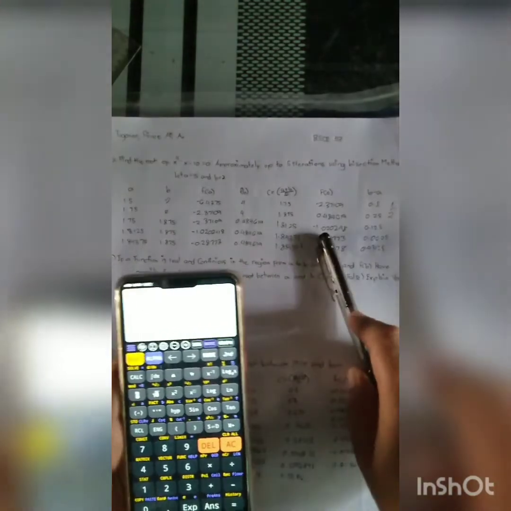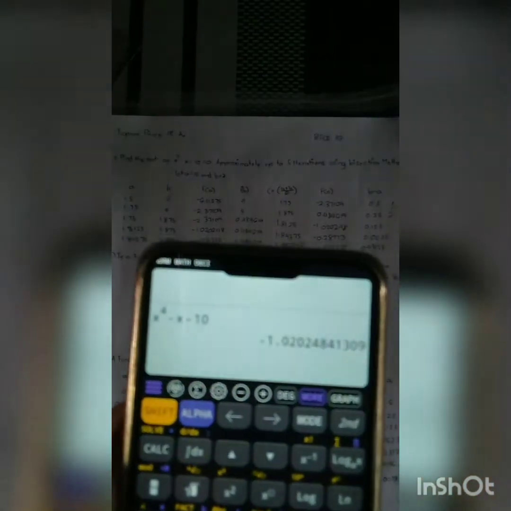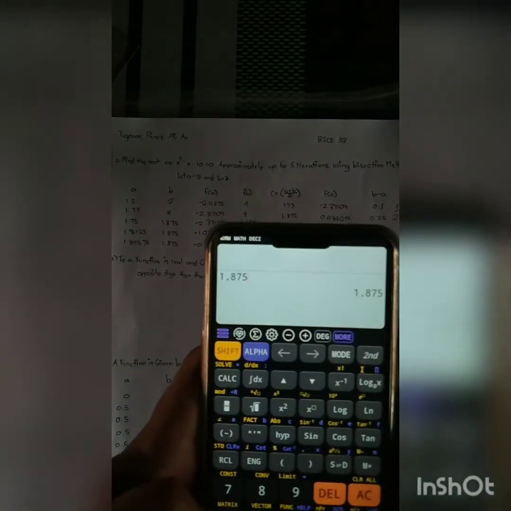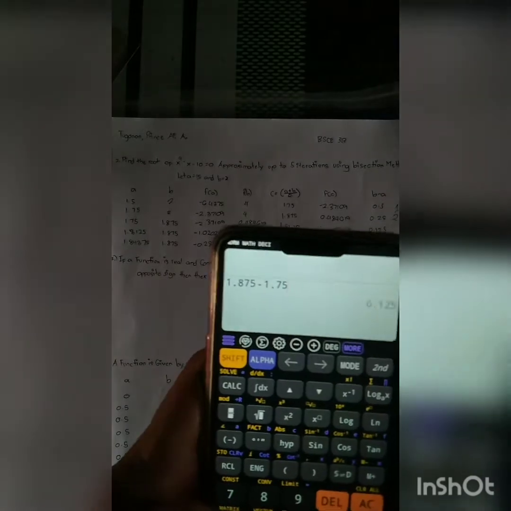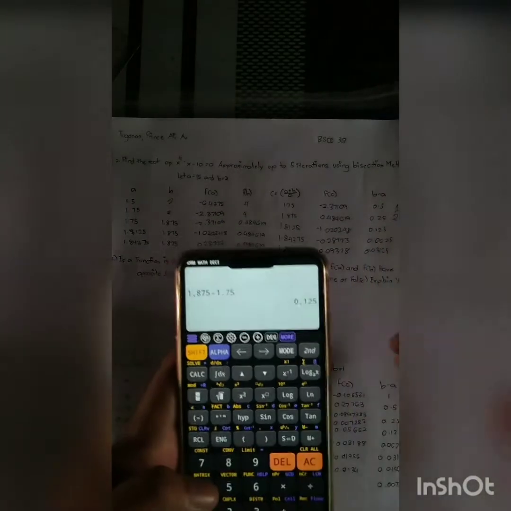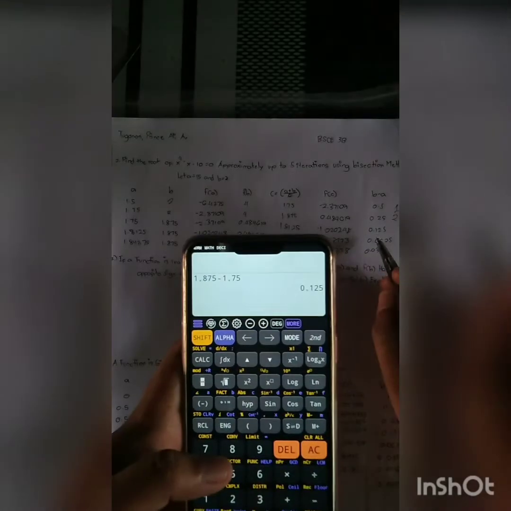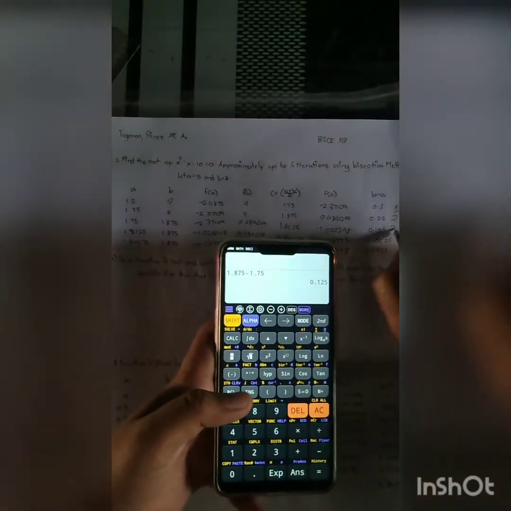The function of c is negative 1.020248, and lastly b minus a, so 1.875 minus 1.75. So b minus a is equal to 0.125. This is the third iteration.